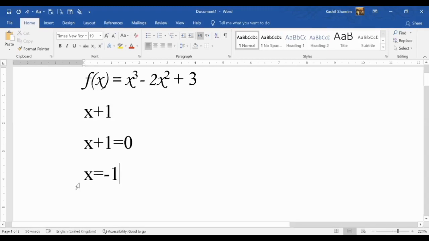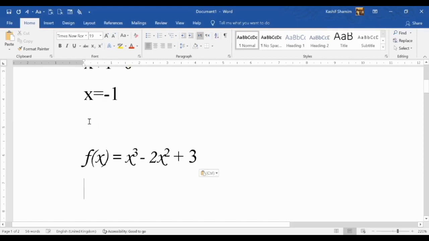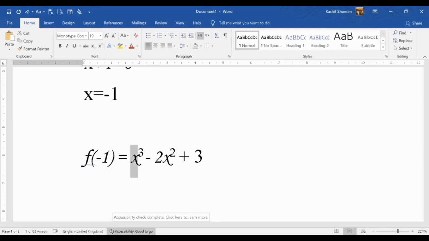Hence, x is negative 1, so I'm going to replace this function of x. I'm going to replace all my values of x with negative 1. I'm going to replace this x with negative 1. And since you've studied the chapter of functions, you can easily replace this with negative 1.